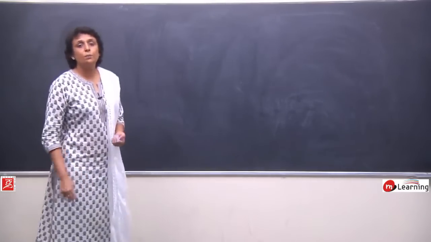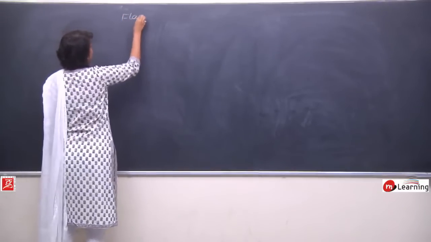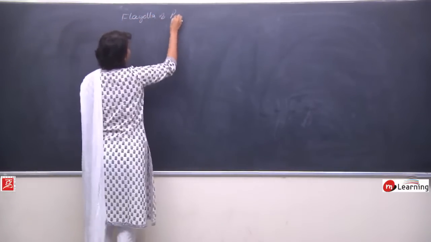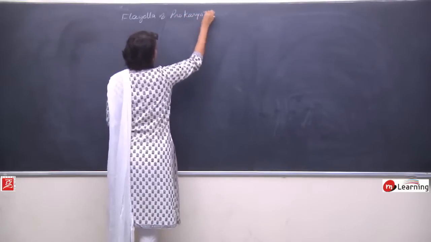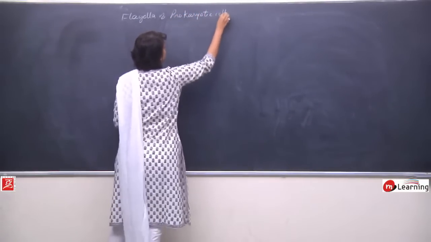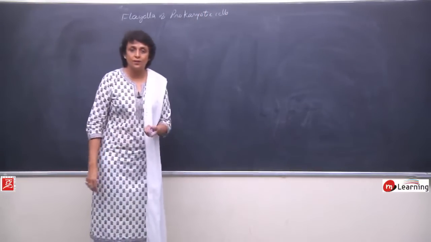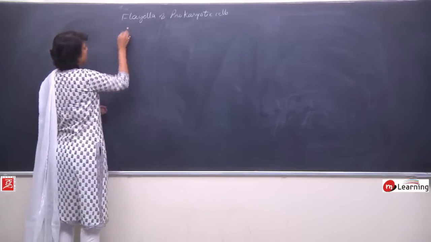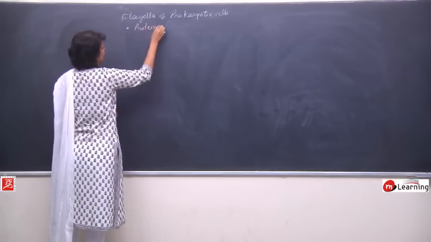So now let us take the prokaryotic flagellum. Flagella of prokaryotes or prokaryotic cells. We just now saw the structure of a typical eukaryotic cilium and flagellum, 9+2 arrangement. Here the flagella are made up of a protein called flagellin.